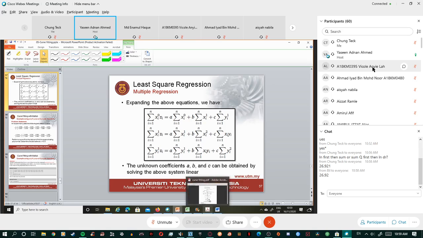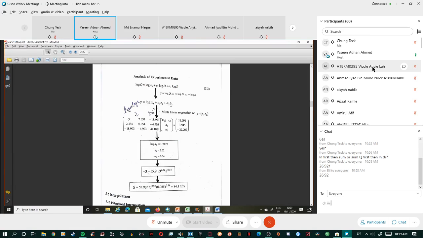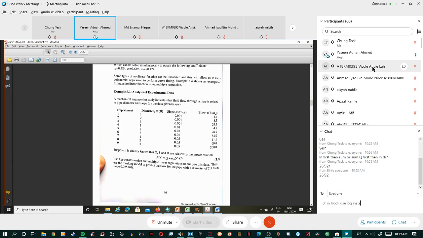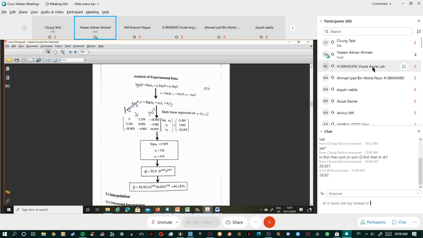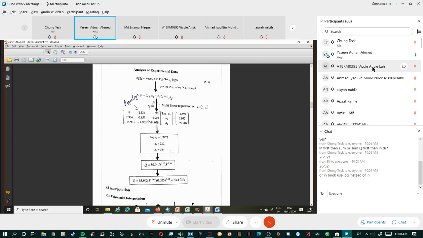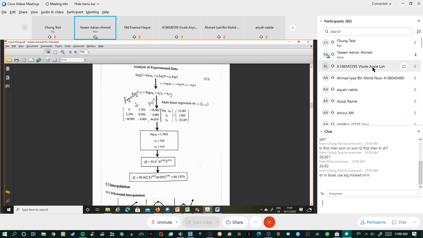If I compare with this one, it is 9 elements. N means ln. So I'm not sure they use the log or ln. It should be ln. Oh, I see. They use log. I think if you consider ln or log, it should be ln. I don't know. They use 10 base log.